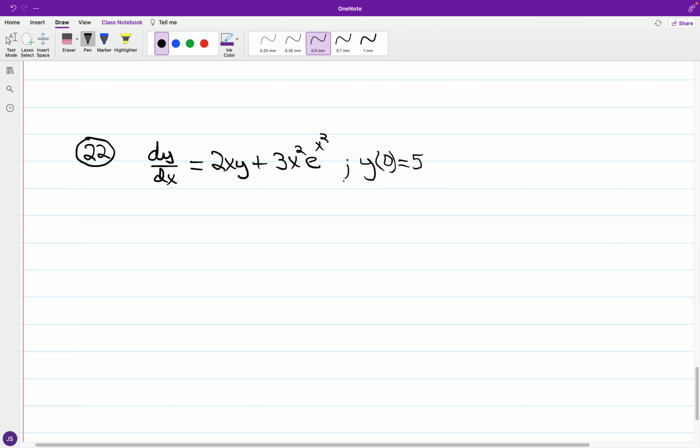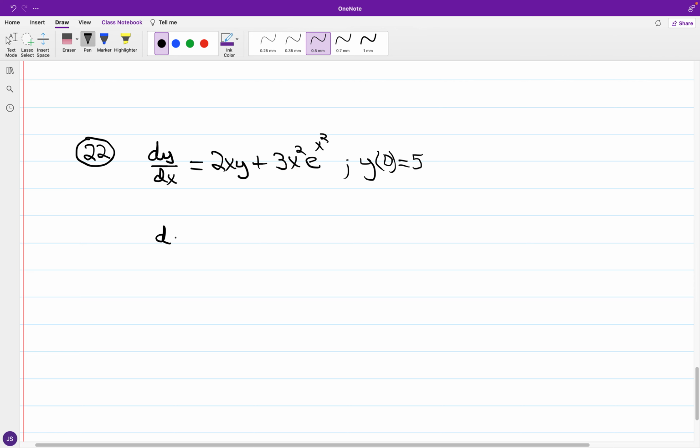For what we have in 22, we've got another first order linear differential equation, and this one is not quite on display in standard form. Now we do have the dy over dx without any coefficient besides 1 alongside it, but we want the derivative term and the first order y term to be on the same side.